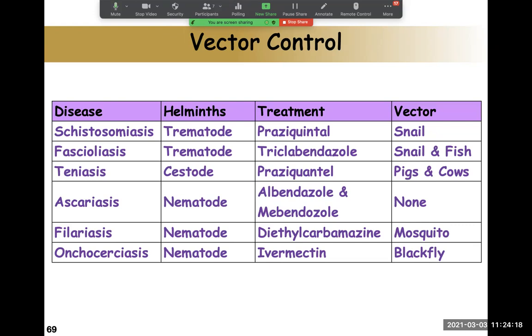For example, taeniasis can cause major problems with your brain, neurocysticercosis I think it's called, and it's a huge cause of death in Central and South America, and that comes from eating pig and cow meat. And guess what?